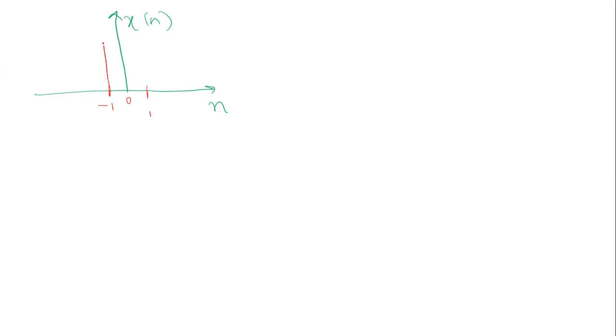So at -1 it has a certain amplitude, and thereafter it is 0 till some infinite range. So this is one sequence. Now you'll get the DTFT of this one, and it works vice versa also, so you can get the original sequence back, right?